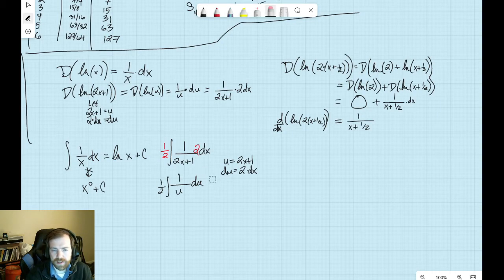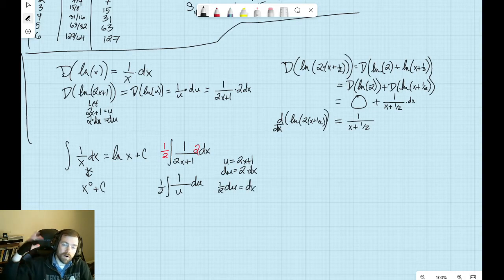Now, you may see some people who will take a look at this here, and say, this means I can do du times a half is equal to dx. And whereas that works okay for constants, do not ever do that for variables.